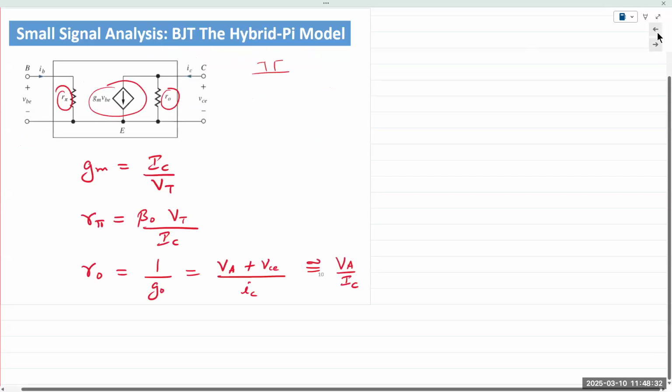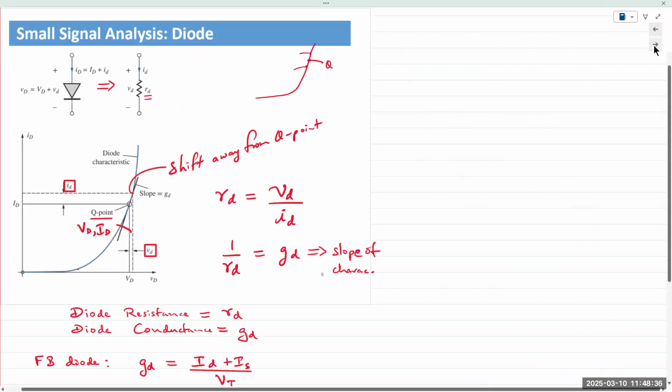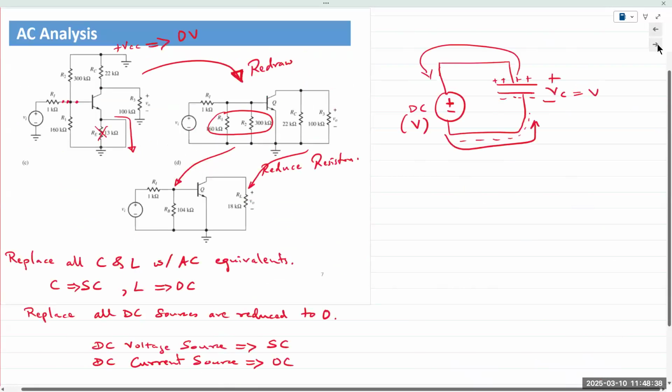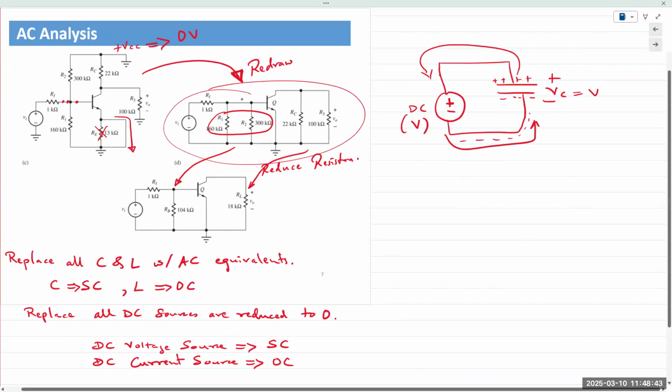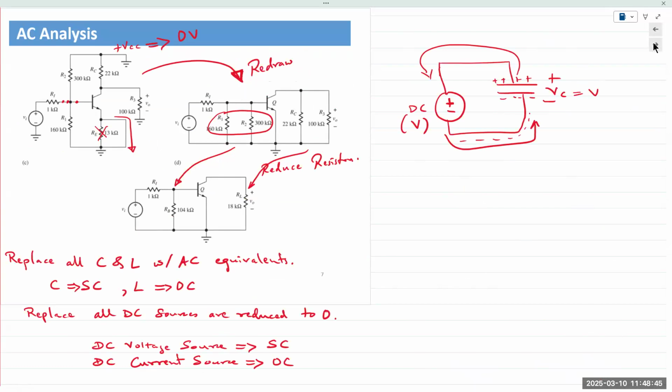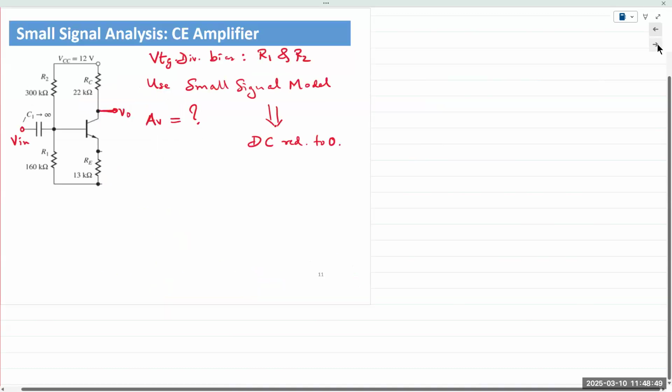In the previous slide, we saw how we can do signal analysis right here. This one. Right? Because the collector resistor is connected to ground, it comes in parallel with the output. So that's the circuit we need.